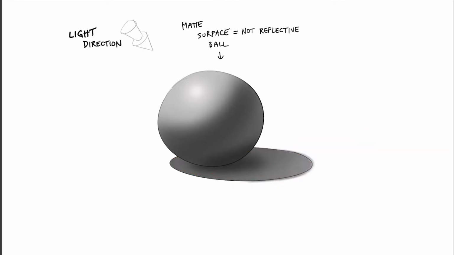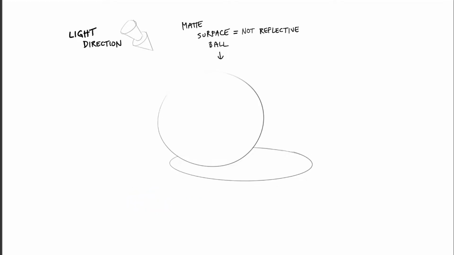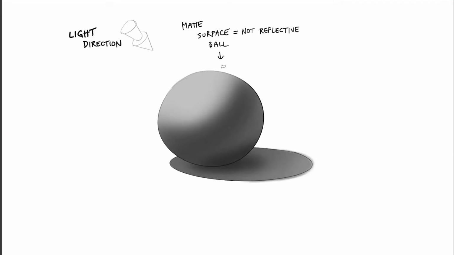Closer to the object is a harder edge. Further away is softer. If you're drawing this with a pencil, you could use a blending stump to create that soft edge.